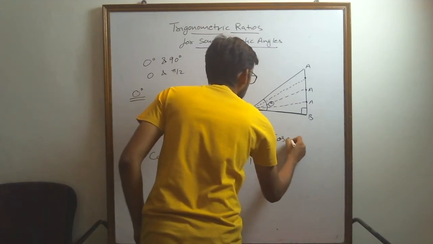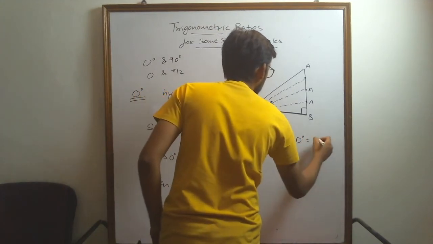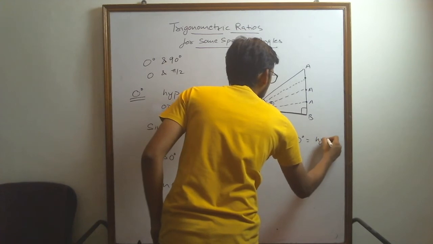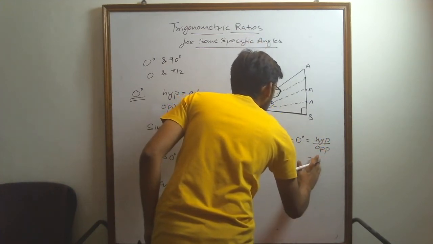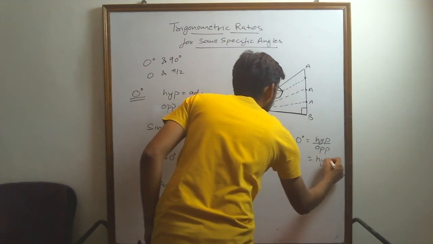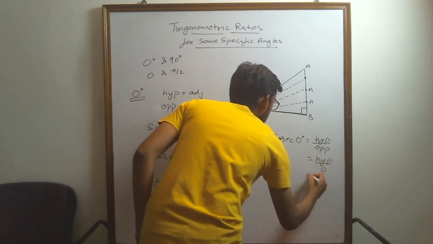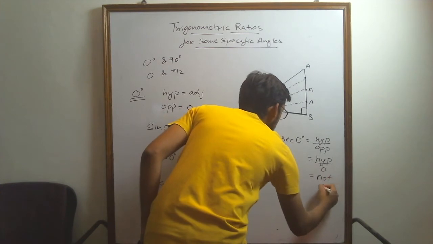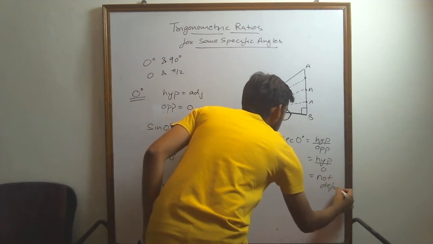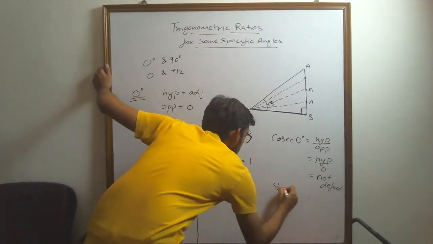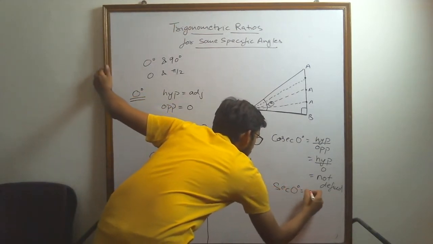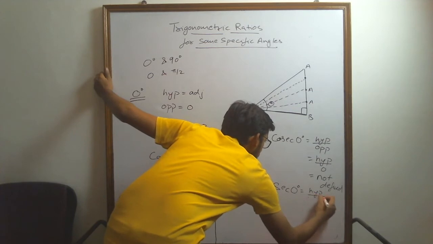Cosec 0 degrees will be equal to hypotenuse upon opposite. Now since opposite is 0, hypotenuse upon 0 means that this is not defined. We will not get a value for this. Sec 0 degrees is hypotenuse upon adjacent.